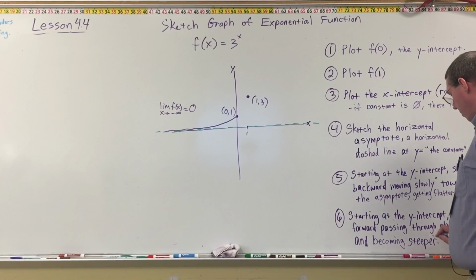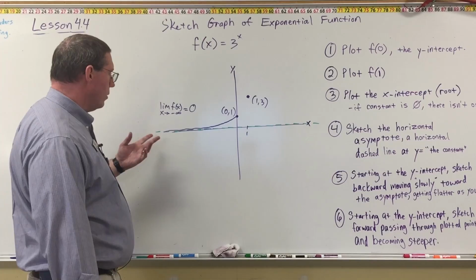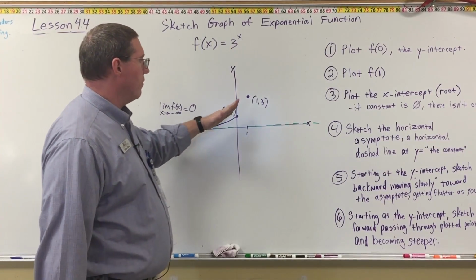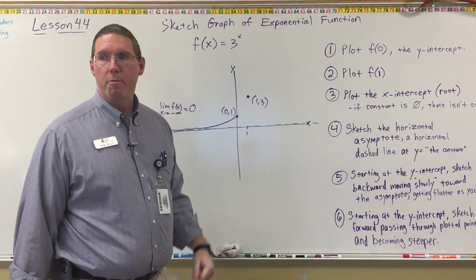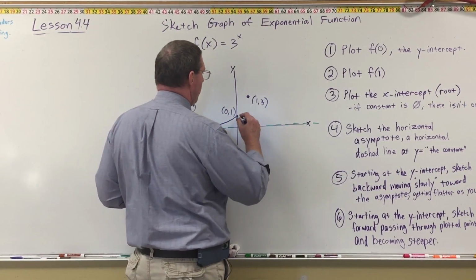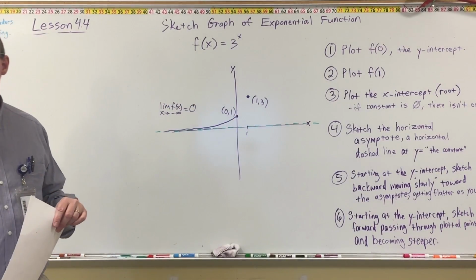That's a really funny thing about an exponential function: in one direction, typically toward negative infinity, it becomes flatter, but going towards positive infinity, it becomes steeper, steeper, steeper. We have a name for this kind of function. It's called a strictly increasing function.